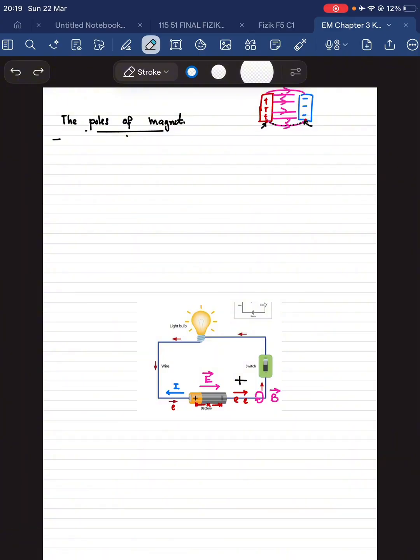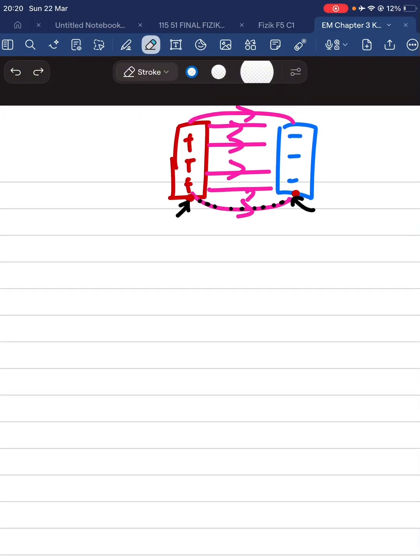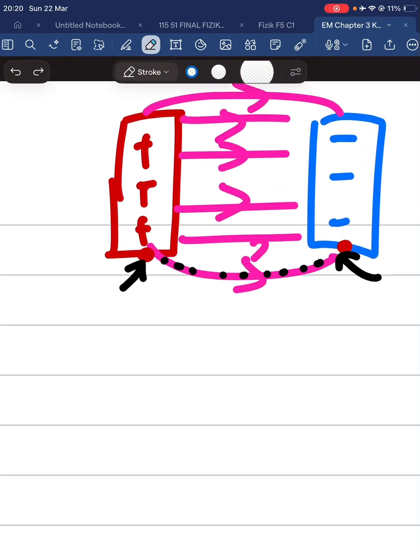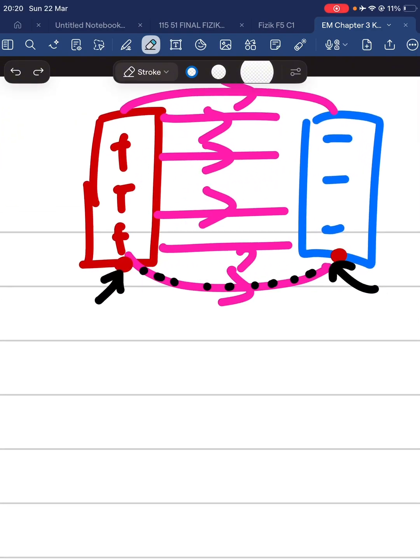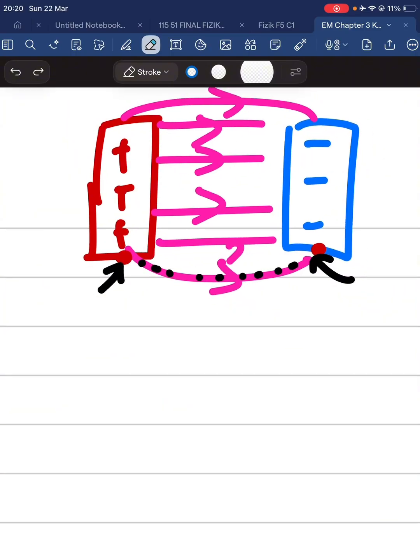So the pole of the magnet, in the previous chapter we have learned that when we have parallel flat charges, positive and negative, you can see that in the middle between them we have a flat electric field, but at the bottom and the top of it, we can see that the field line is slightly curved.